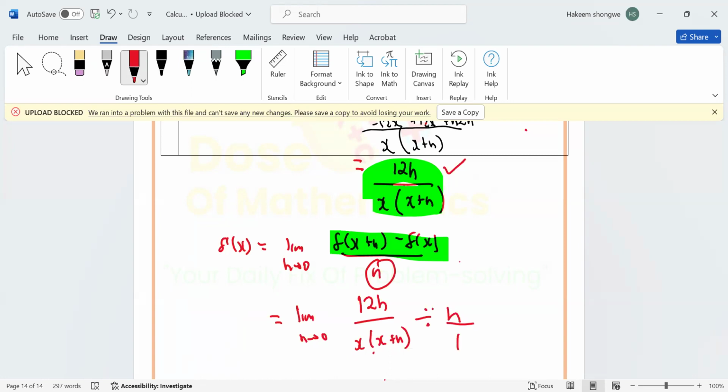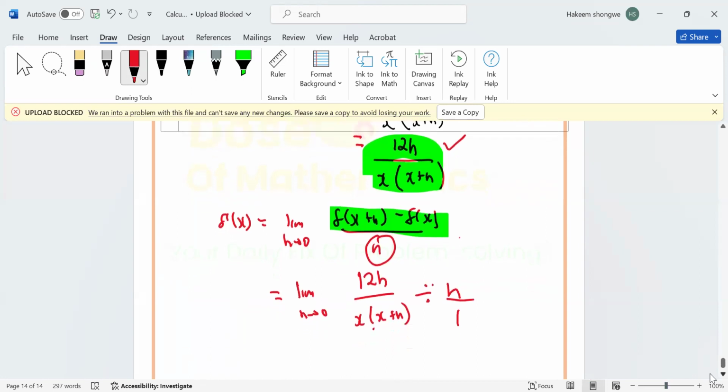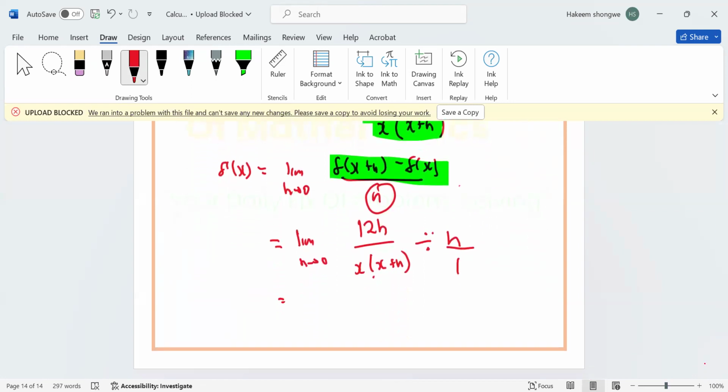Whatever was on the denominator goes to the numerator. Let me not skip the step. Now I am going to have the limit as h approaches 0 of 12h all over x, open bracket, x plus h, multiplied by 1 all over h.